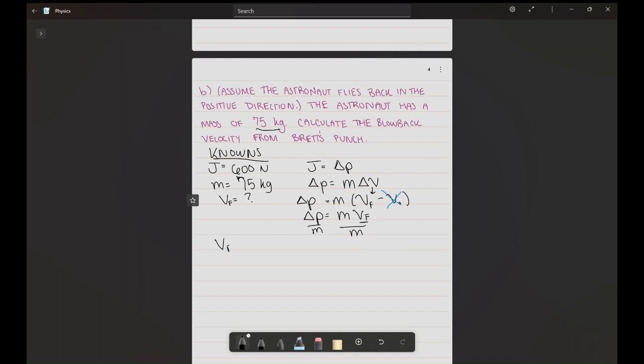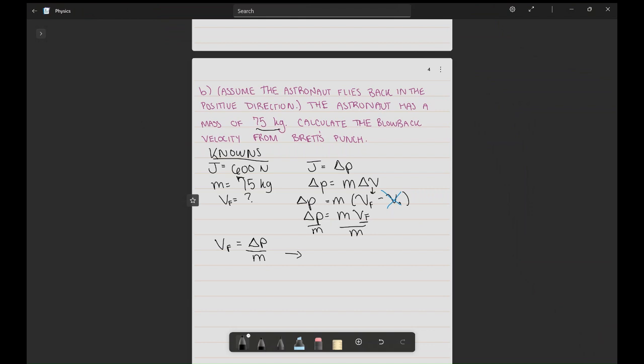And our equation for our final velocity, they called it in the book where there was a similar example, the blowback velocity, because it's a punch and he's stumbling backwards. It's equal to delta P over m.